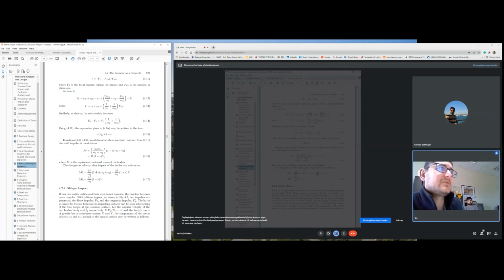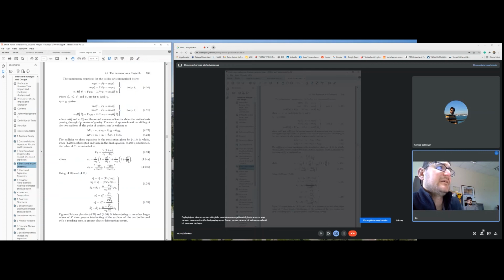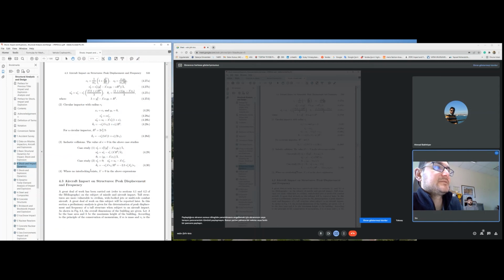Bouncing, let's say. After that, oblique impact. If we talk about crash boxes, sometimes you can face an oblique, angled impact. The author is talking about the oblique impact of the systems.